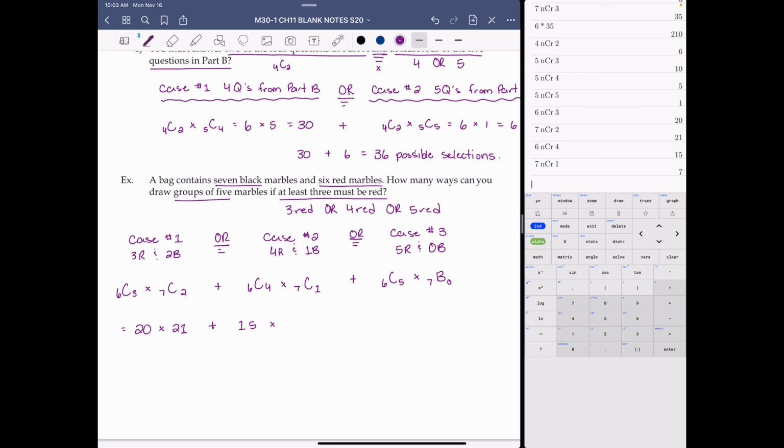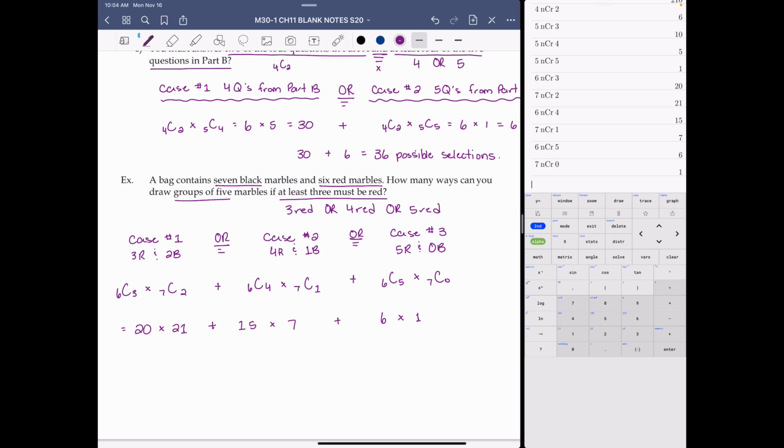There's 7 ways to choose 1 from a group of 7, plus 6C5 is 6 times 7C0, that should say C0, not B0. And that's 1. There's only one way to choose nothing. You just choose nothing.